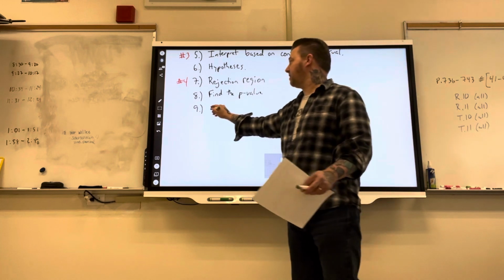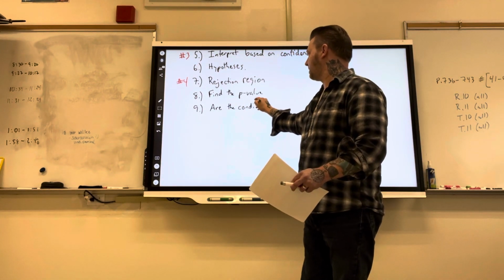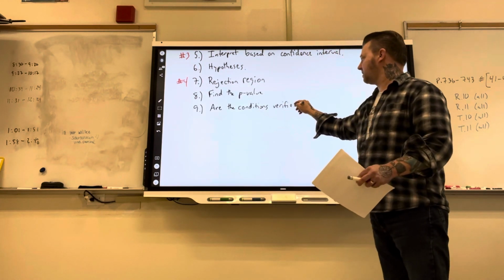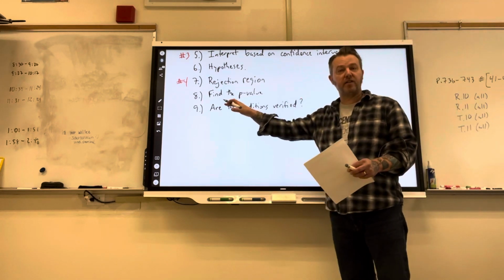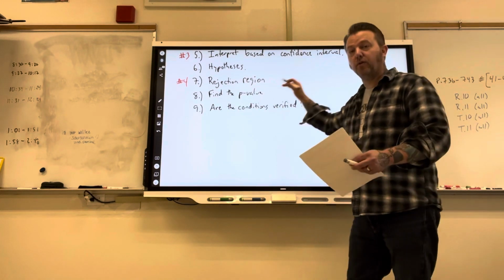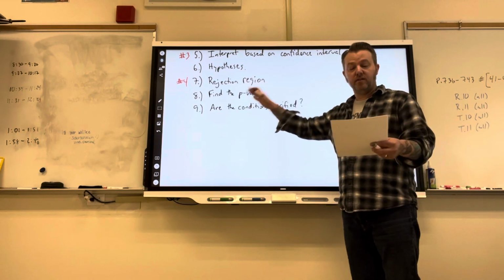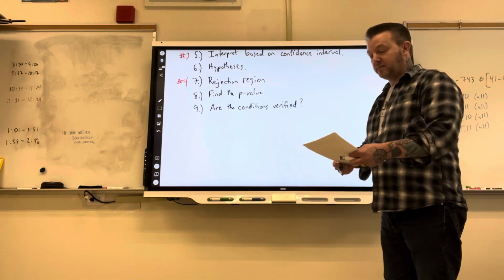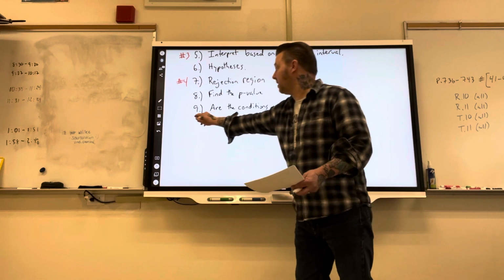Number 9. Are the conditions verified? So remember the conditions. Random, 10% rule, normal large. So you'll have to verify all those conditions. Okay? Pretty straightforward.